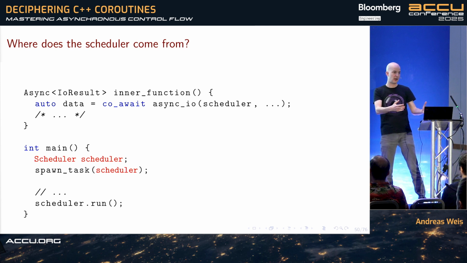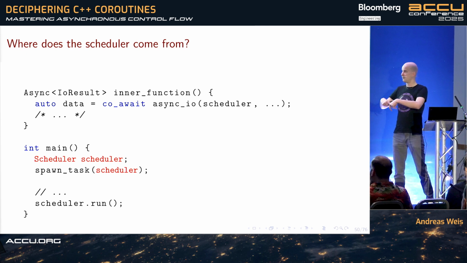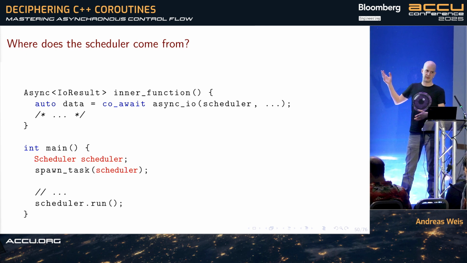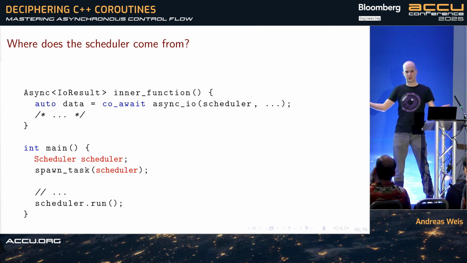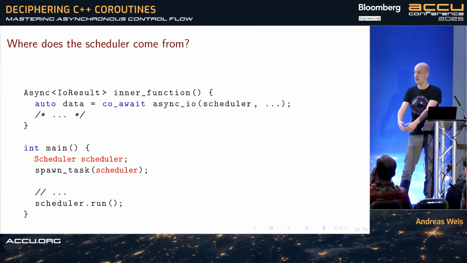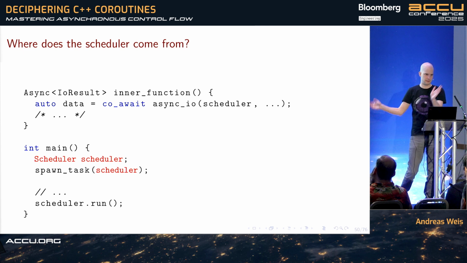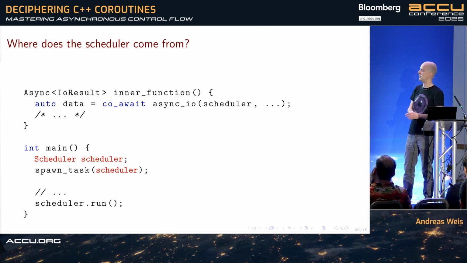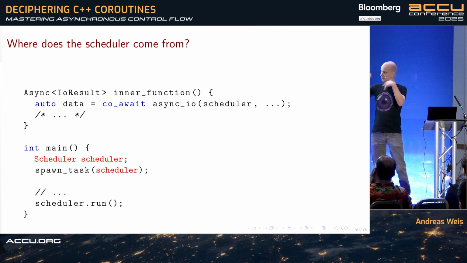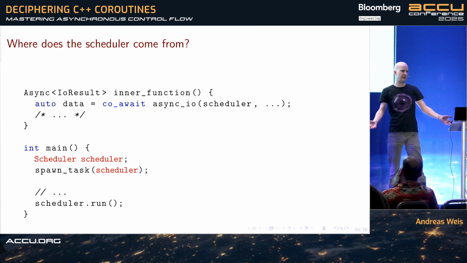The scheduler lives outside of that, on the level of main, right? Because when you're waiting for the I/O, all of those functions go into suspension. So somebody outside of that task needs to tell the scheduler, hey, run, wake up all the functions that are ready now. So in terms of simple intuition, the scheduler lives at the level of main, right?